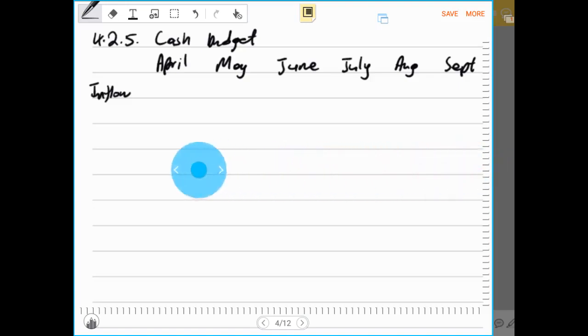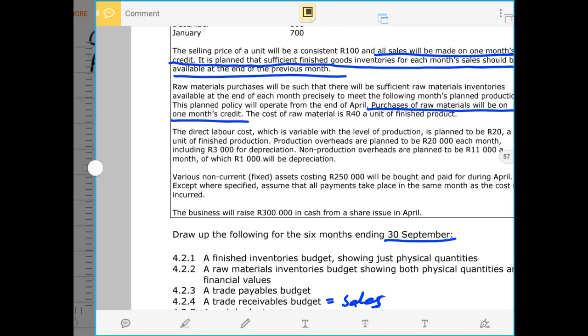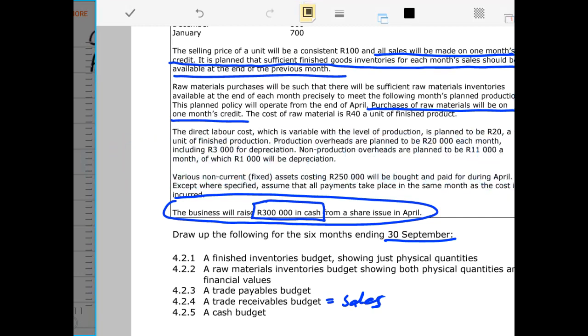So now when it comes to inflow of cash or receipts, in other words, remember there were shares that were issued, and the shares amounted to 300,000, and it was cash issue of shares. So that will be cash inflow, and I did record that.